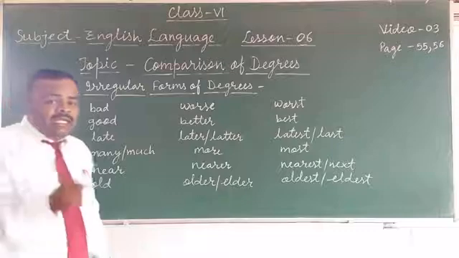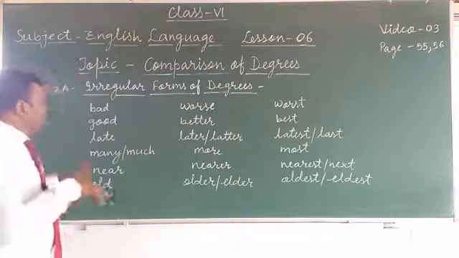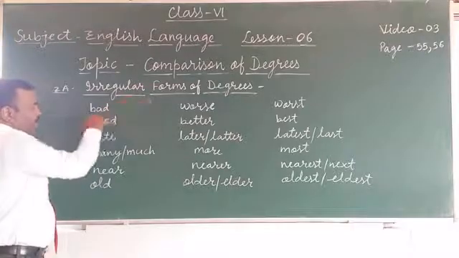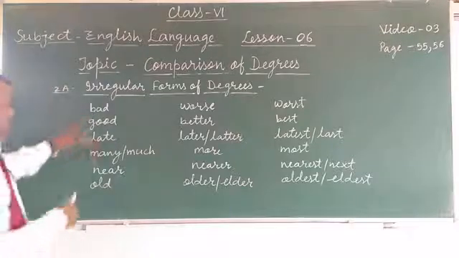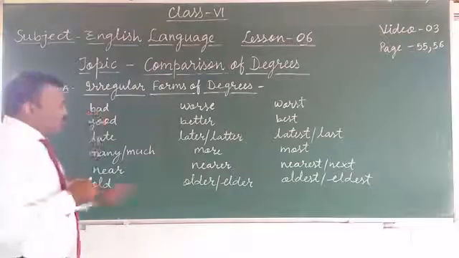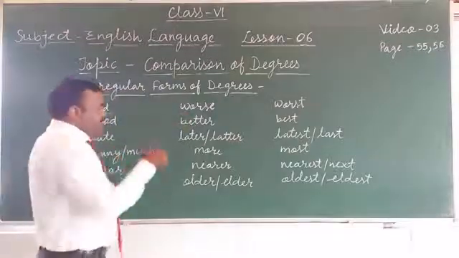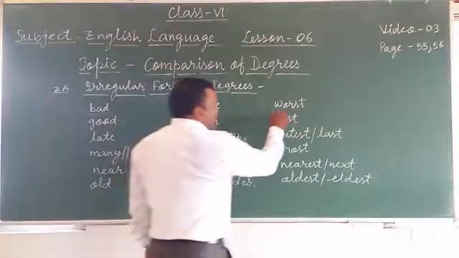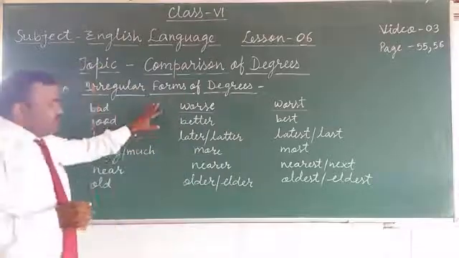Simply we add ER and EST to most of the adjectives, but here these adjectives are different. For example, positive degree is bad. Okay, so bad is positive. So its comparative is not better. Its comparative is worse, and superlative is worst. Okay, so they have different forms.